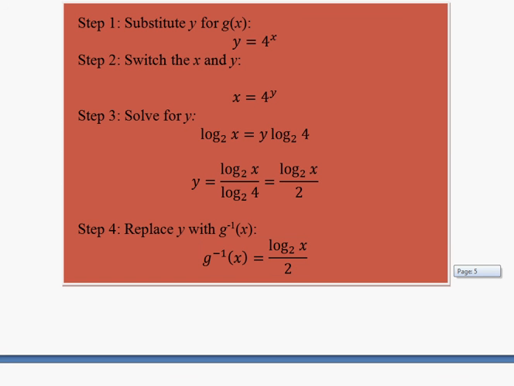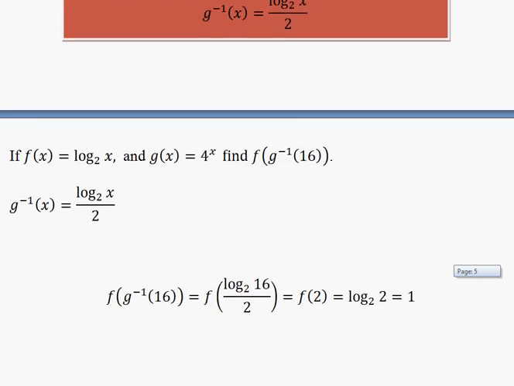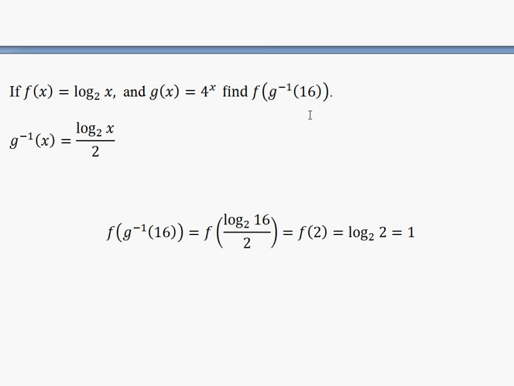Now the final step was they wanted us to find f of g inverse of 16. It was 16, not 12. So put the 16 in for x in the g inverse that I rewrote down here, and then put it into the f function. So you now have f of log base 2 of 16 over 2.